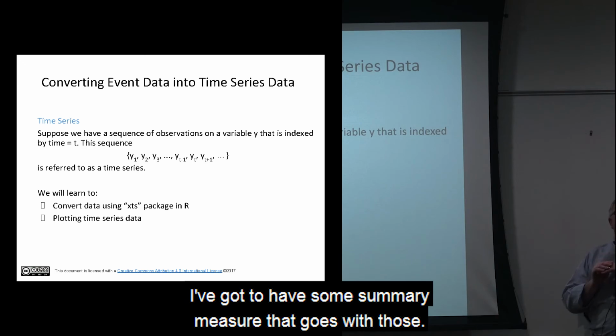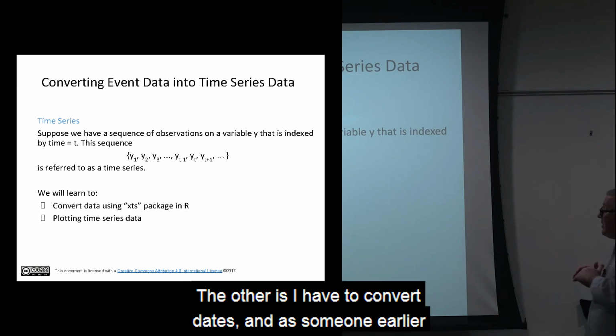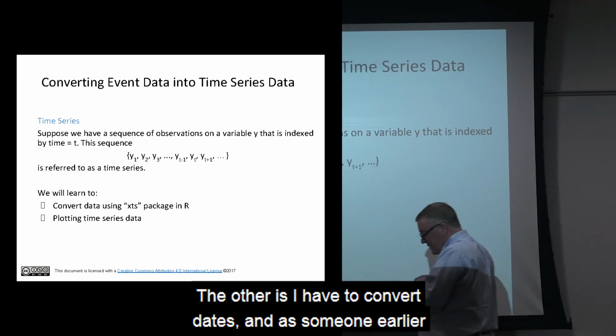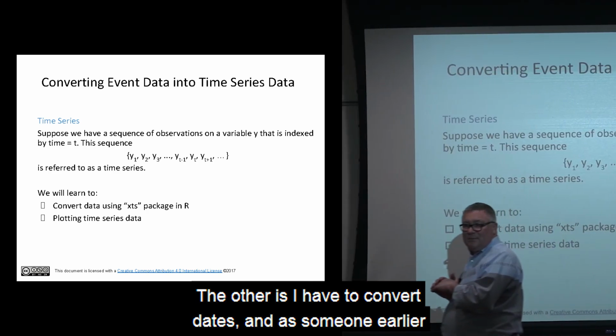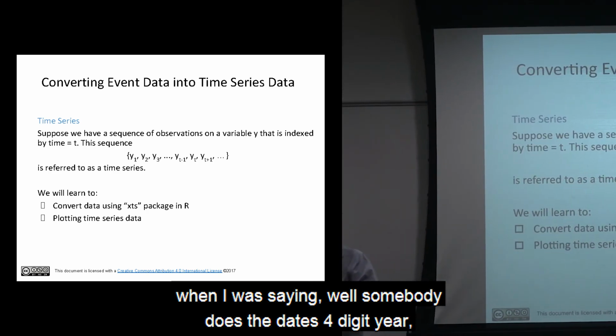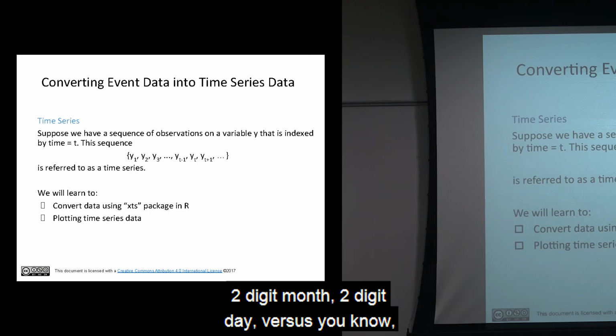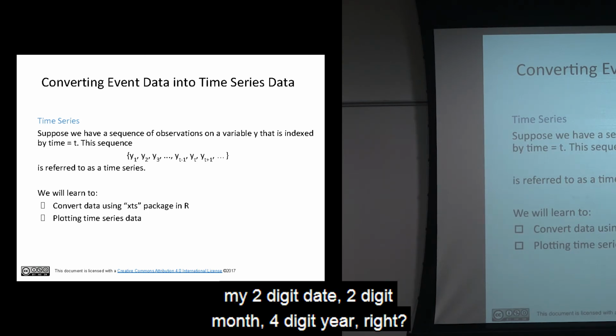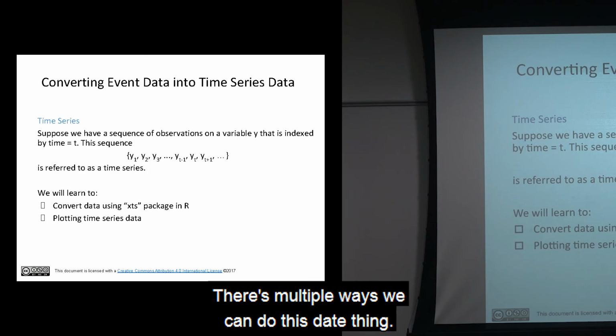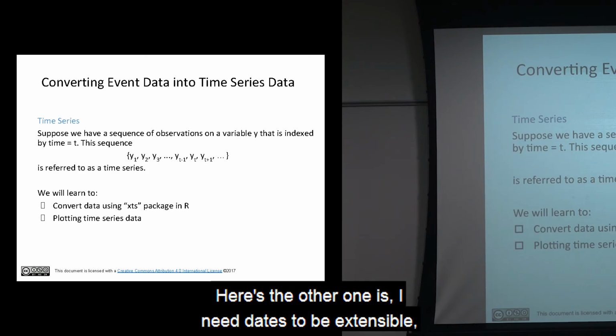I've got to have some summary measure. The other is I have to convert dates. Someone earlier mentioned that some people do a 4-digit year, 2-digit month, 2-digit day, versus a 2-digit day, 2-digit month, 4-digit year. There's multiple ways we can do this date thing, and it gets really confusing.